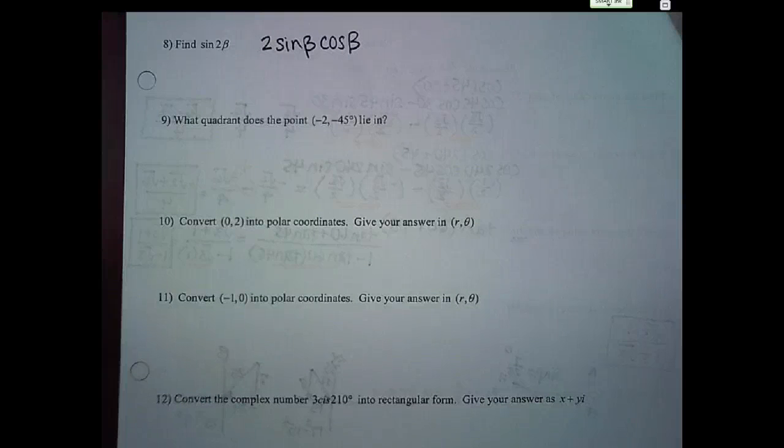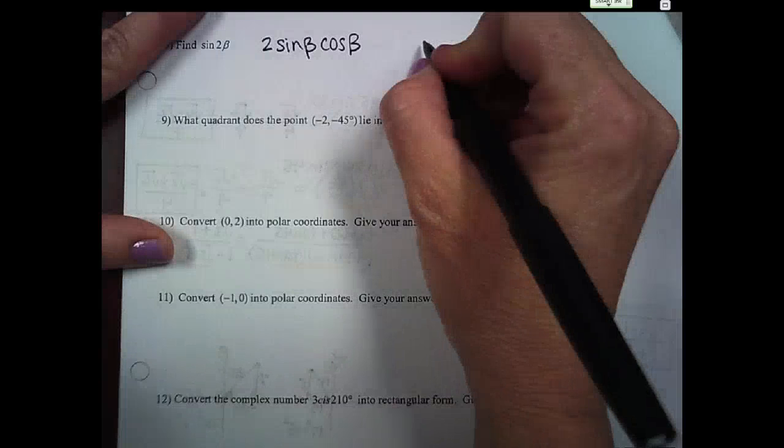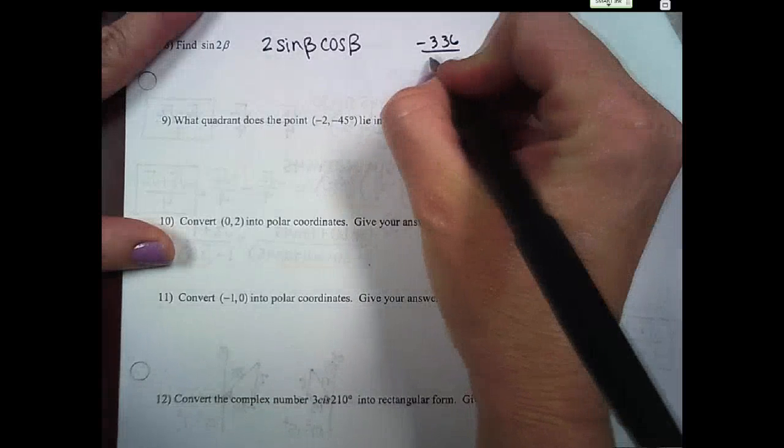So you're going to use the beta triangle, not the alpha triangle. All right, when you type it in, you should get negative 336 over 625 if you did it right.